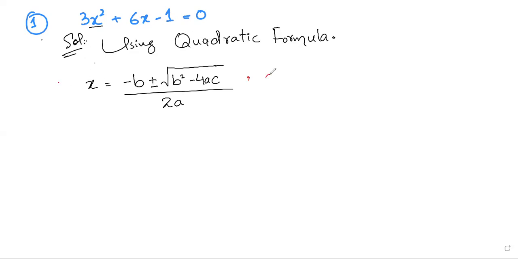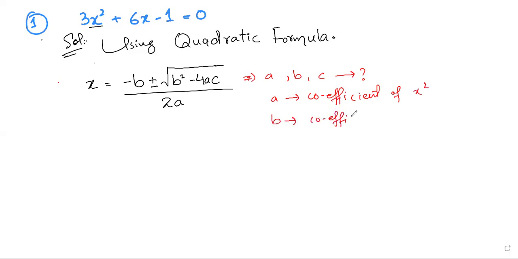Now, what is a, what is b, and what is c? a means the coefficient of x squared, b means the coefficient of x, and c means the constant. c is the third thing, which is the constant.